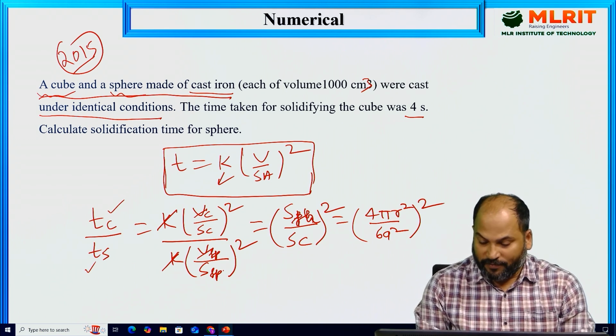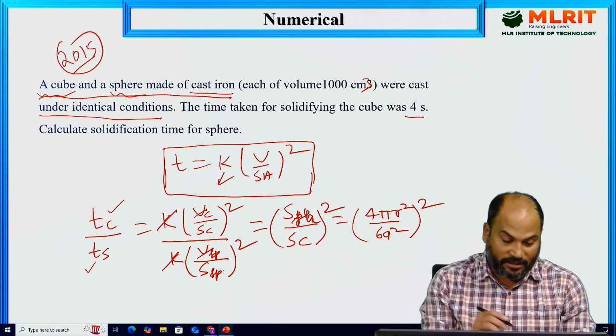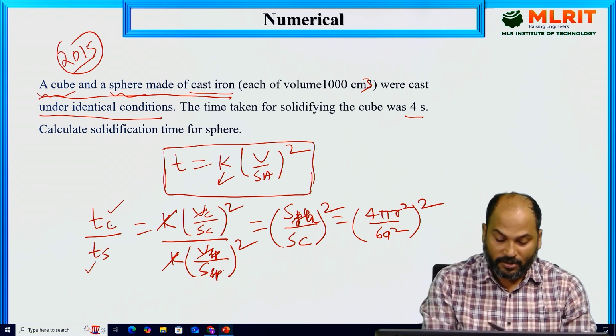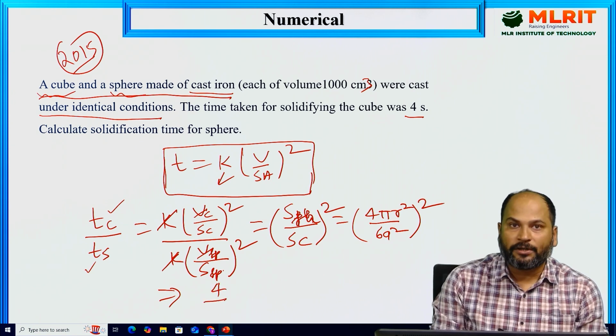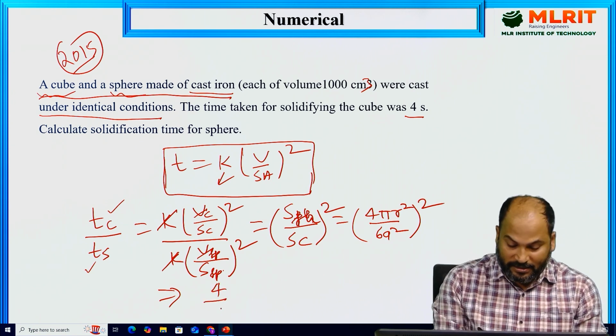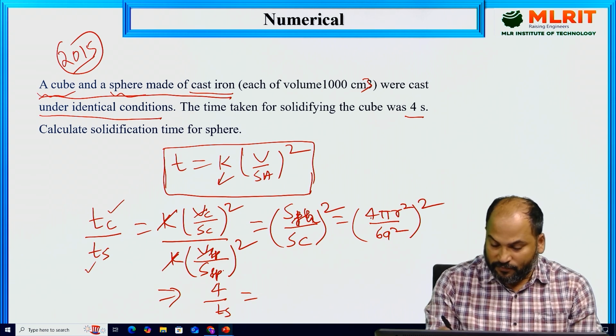Okay, now we have to find this ratio. Tc is given in the problem. So if we write this, we can write 4 upon the Ts that we have to calculate is equal to, this is 4, so it will be 2 and this will be 3.